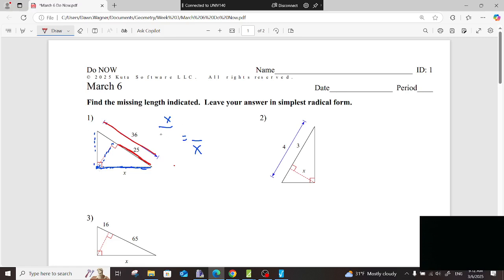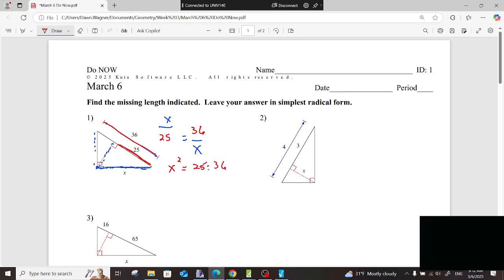It doesn't matter which order you place them in because we're going to be multiplying. In this case, we didn't have to do anything special because the information was directly part of one of the cases. So when I cross multiply, I get x squared is equal to 25 times 36.